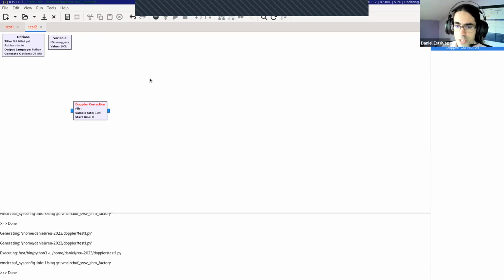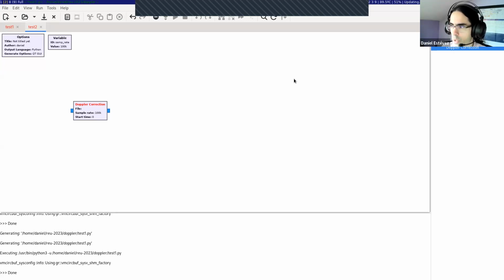If you have one of these signals which is moving in frequency because of Doppler, and you know the Doppler curve beforehand, you can correct the Doppler effect so that it stays at a constant frequency. That was the main goal of this block. But you can use it in the opposite way for Doppler simulation. There's no problem in doing so. So that's what we will do today.